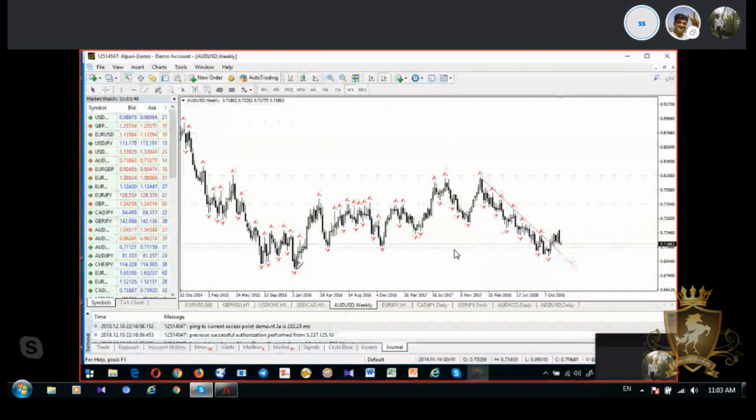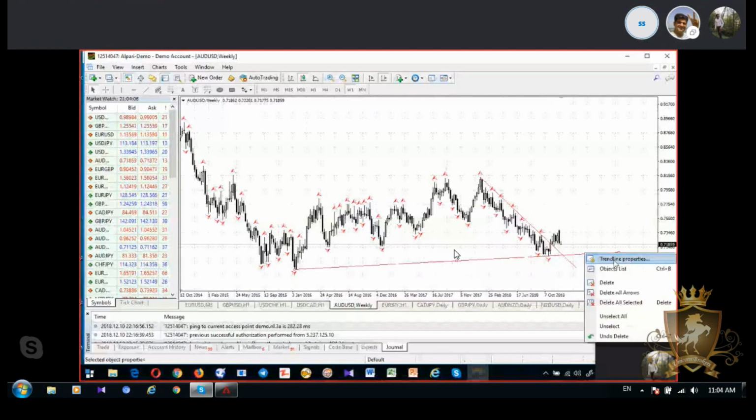So we can say that if we draw a line from here to here, can it be a support for our price? I wanted to say it, but it's a little advanced.